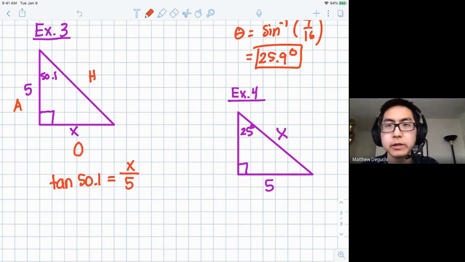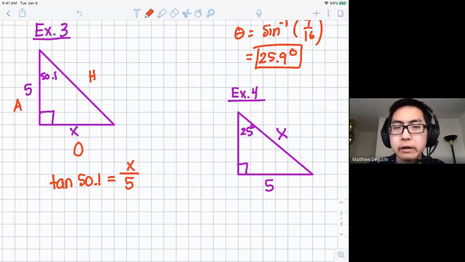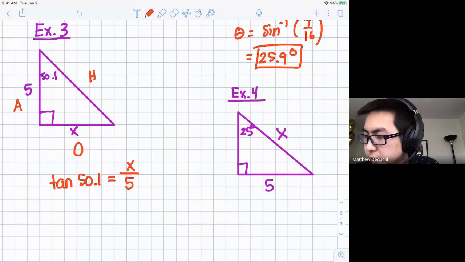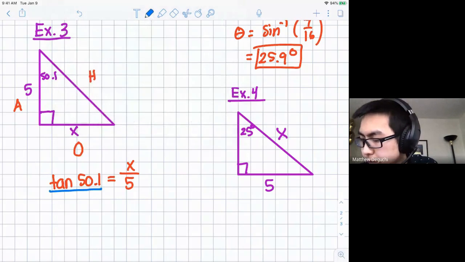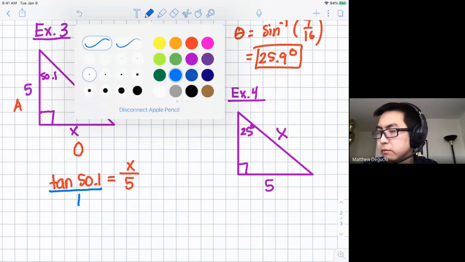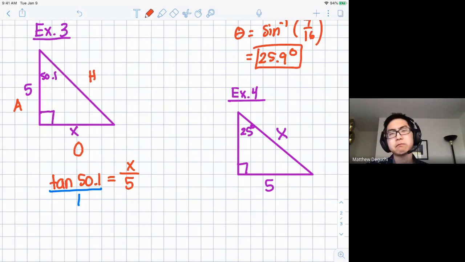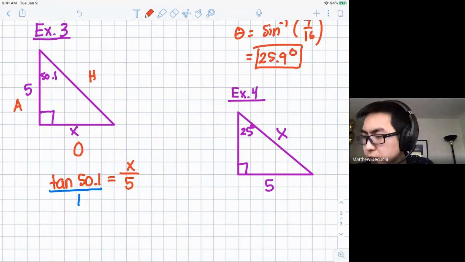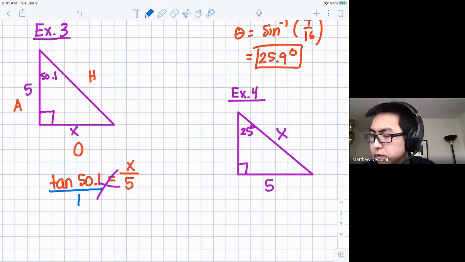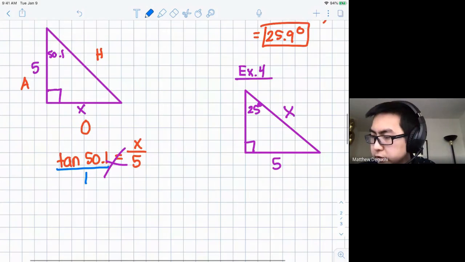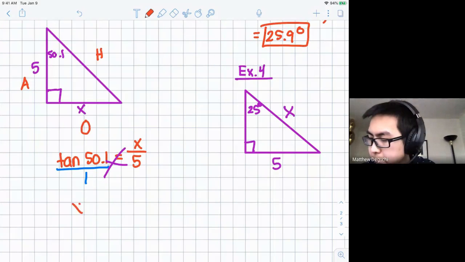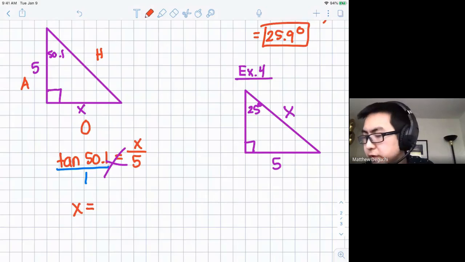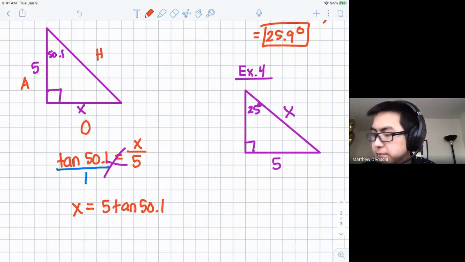And then we just solve right here. In order to solve, I recommend you put this over 1 and cross multiply. So 1 times x is just x. 5 times tan 50.1 is just 5 tan 50.1.